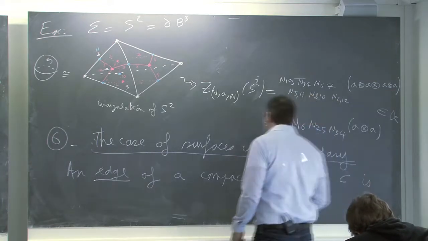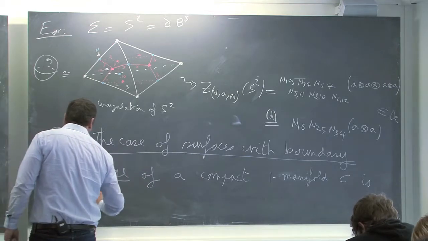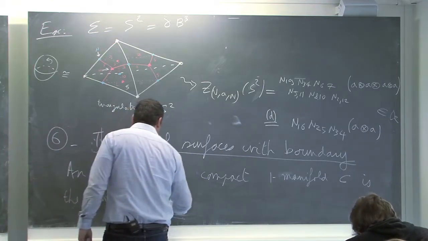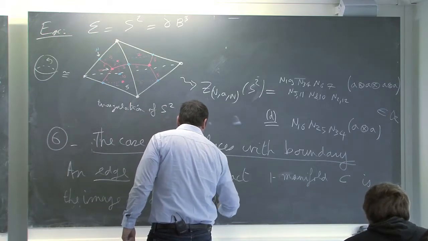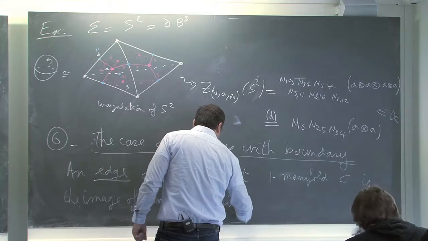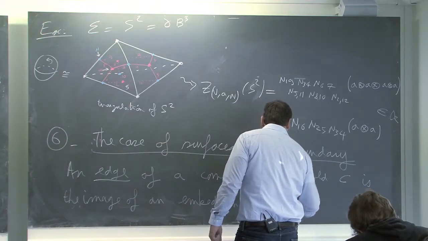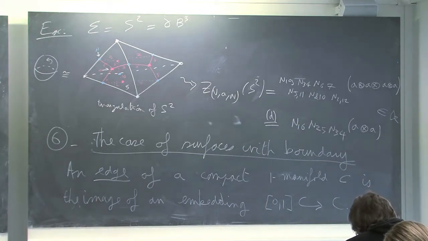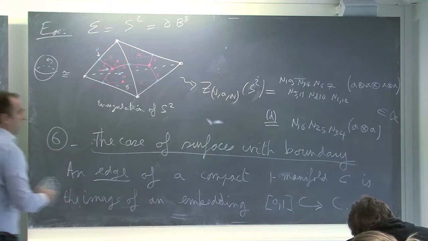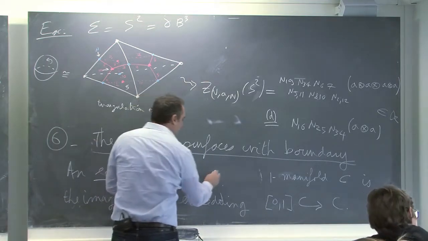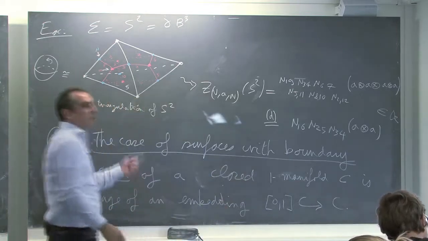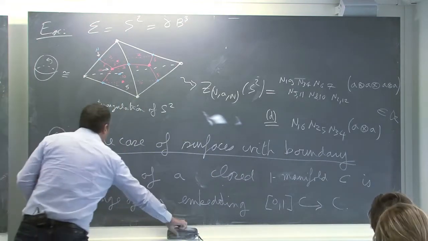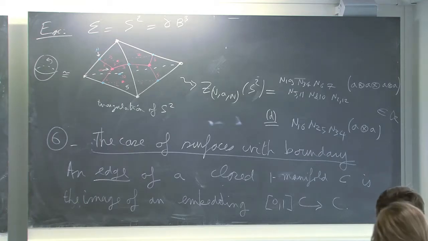C is the image of an embedding of the interval. Let's say I would just consider only closed, compact, one-manifolds without boundary. That's just a finite disjoint union of circles.